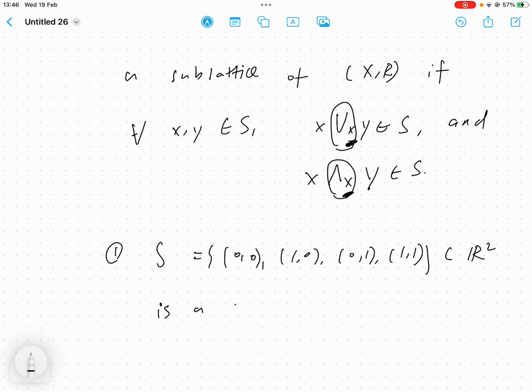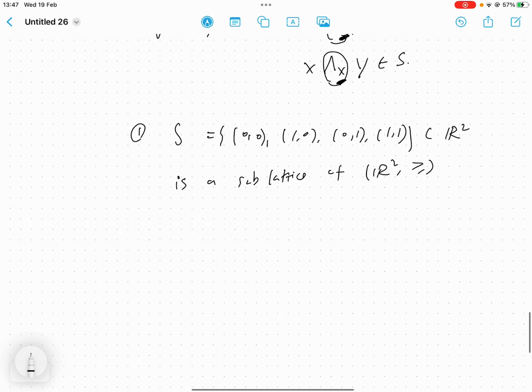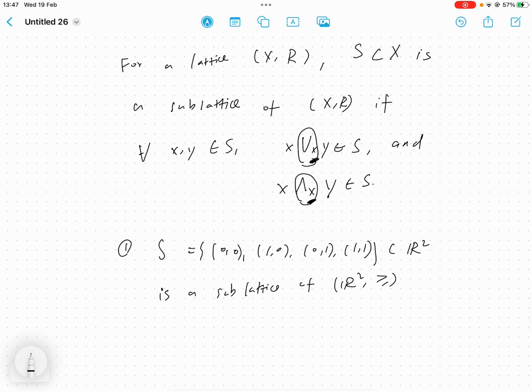So that is a sublattice of R2 with the greater-than-or-equal order, because the sup or inf of any of those two elements is included here. But more importantly, we're gonna do those operations of the join and meet under this X. So this is more important.